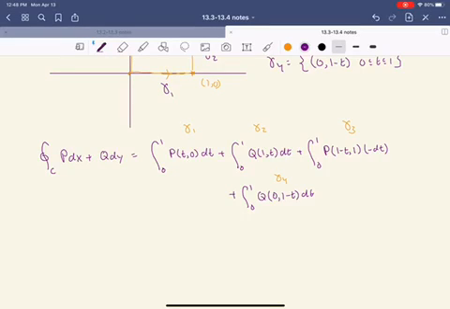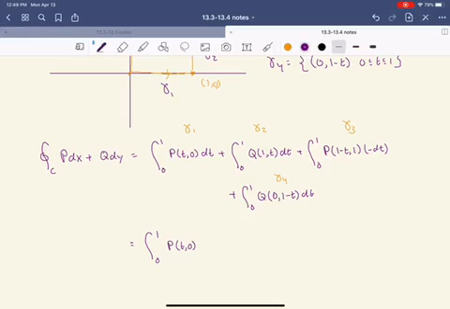Next, we're going to put common pieces together. So we're going to put this together with this together with this. We get the integral from 0 to 1 of p of t, 0, not the dt yet, because we're going to put that together with something.